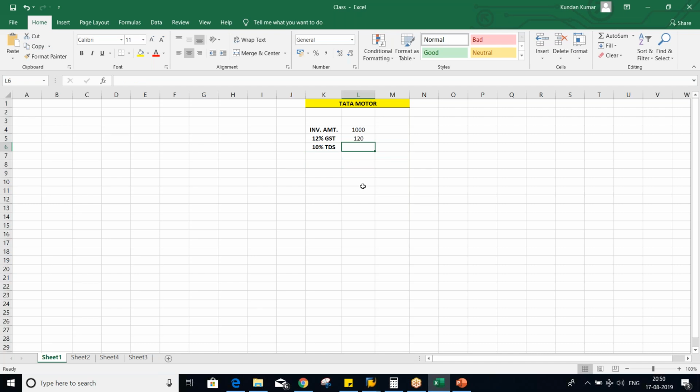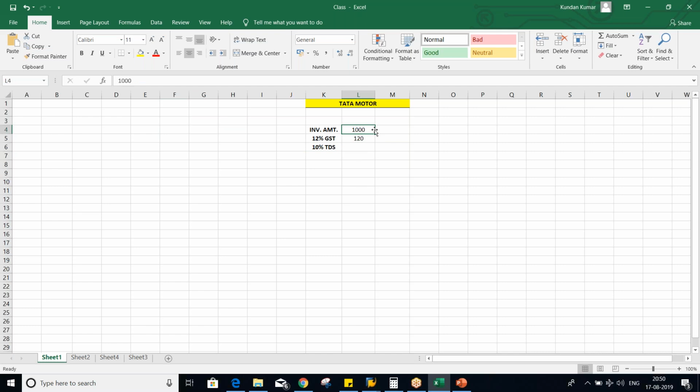I told you, guys, the amount on which tax is calculated is called the base amount. So what is the base amount for this 10% calculation?